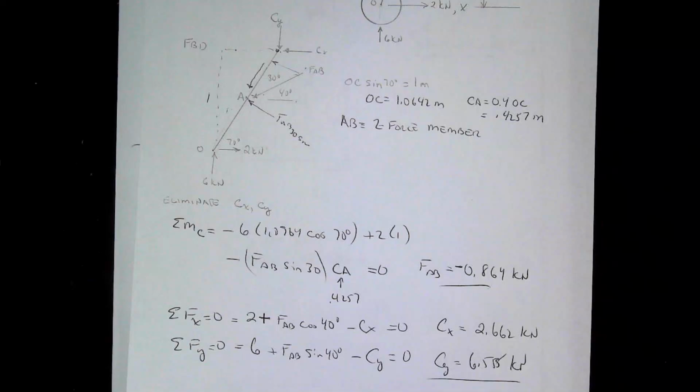All right, so CA equals 0.4 OC, which is simply 0.4257 meters. So now I have some geometry, some distances and things I can work with. And we've already noted AB is a two-force member.